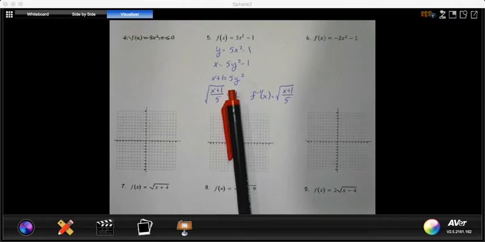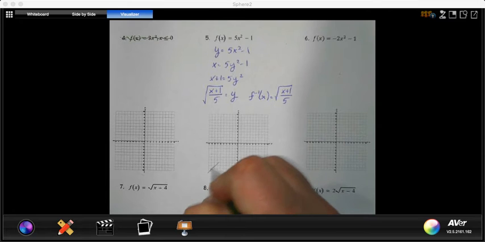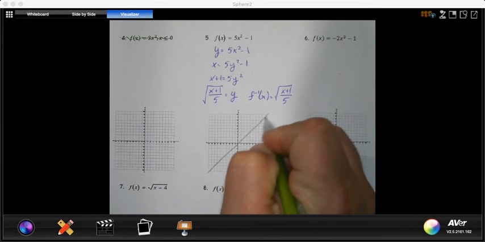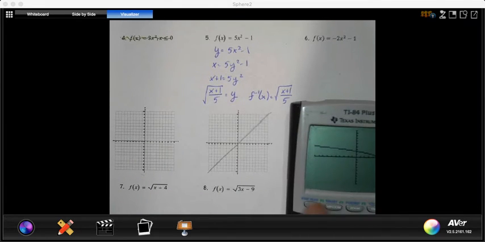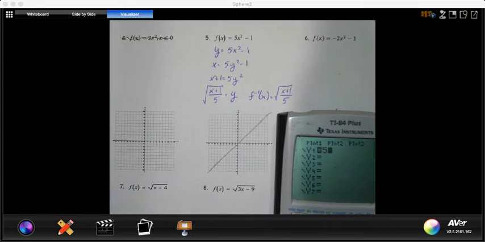All right, let's see what the graphs look like. We've got your imaginary line. And then 5x squared minus 1. So no restrictions here. We're going to graph the whole thing.